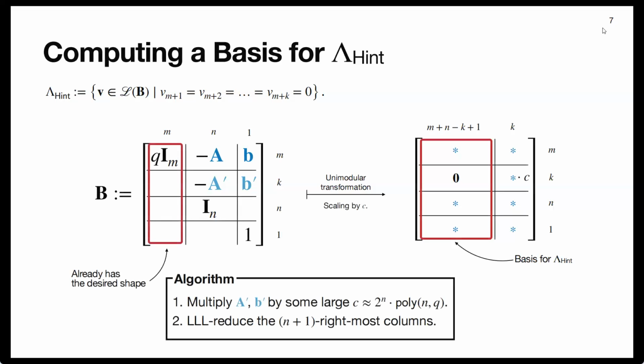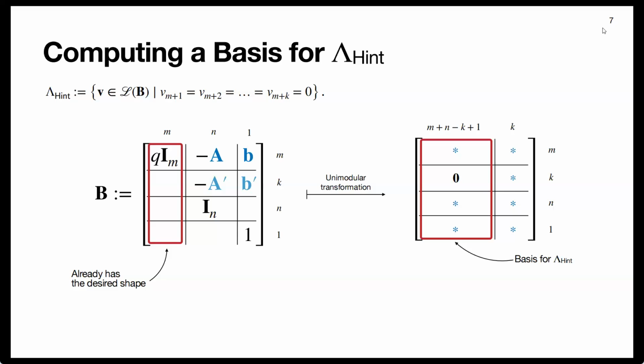The first observation that we made is that the first m basis vectors already have the desired shape. We want to put in a 0 here, but they already have a 0. So these we don't even have to touch, we can just keep them as they are. We only have to modify this part. And that's very good, because m is at least as large as n. So by ignoring this part of the matrix, we at least halve the dimension. So that's very nice.